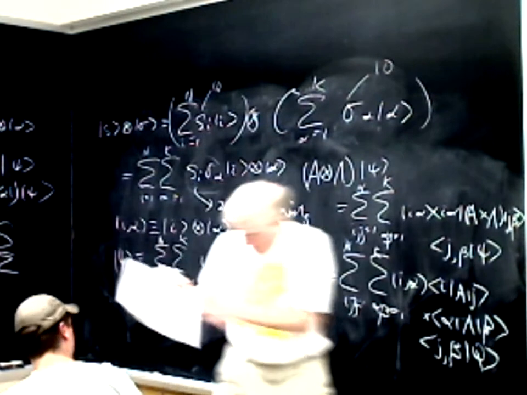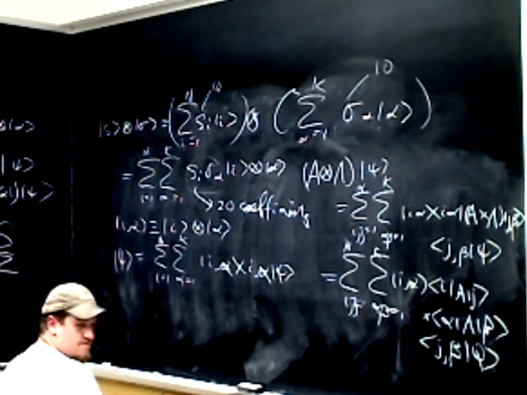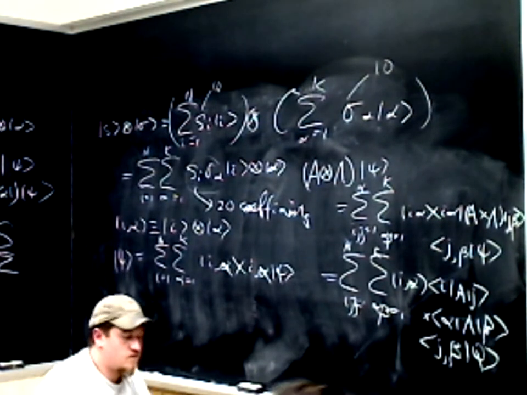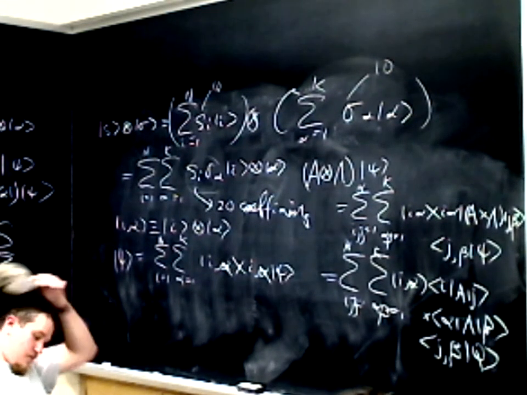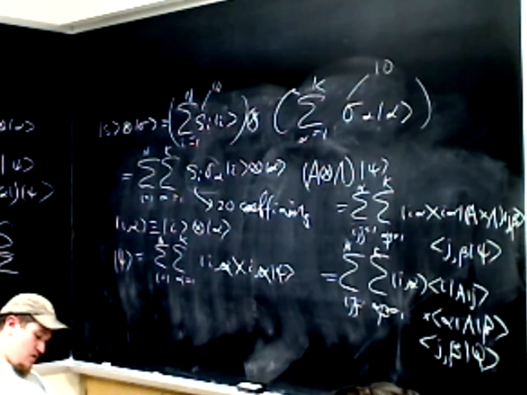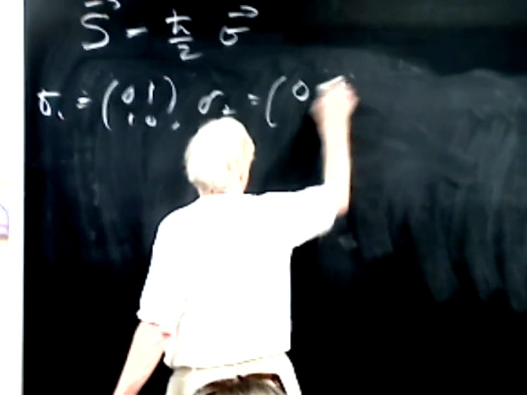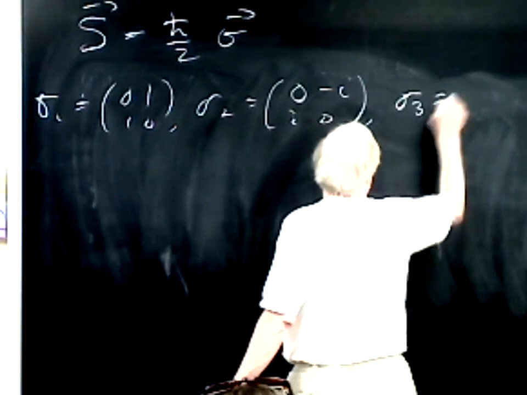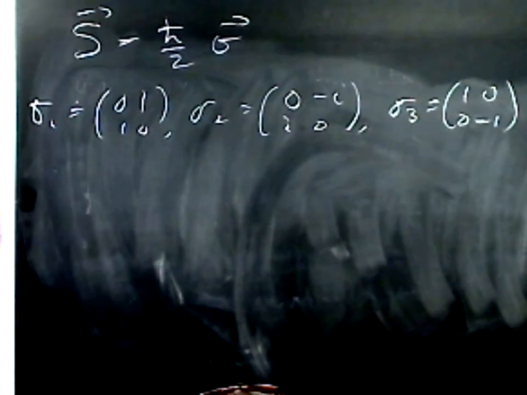All right, now finally your example. This example is the spin operator h bar over 2 sigma, where the sigma are the three Pauli matrices, sigma 1 being 0, 1, 1, 0, sigma 2 being 0, minus i, i, 0, sigma 3 being 1, 0, 0, minus 1.